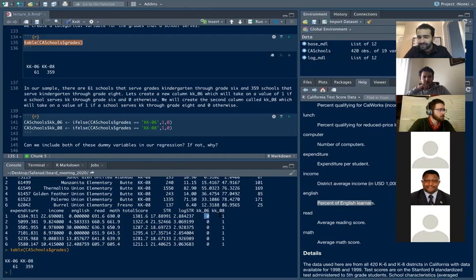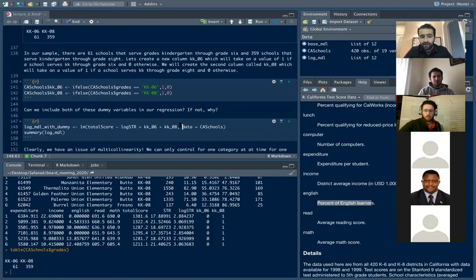It's the same information stored in two different columns. This is perfect multicollinearity, or this is called a dummy trap. These two dummy variables represent the same information in slightly different ways.